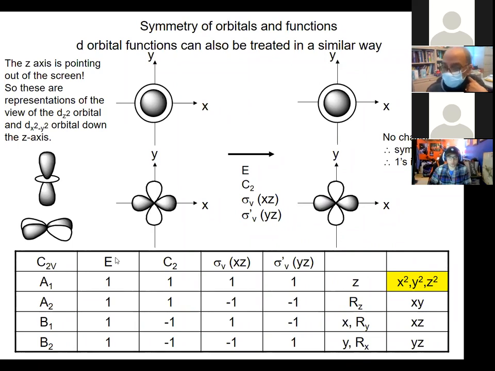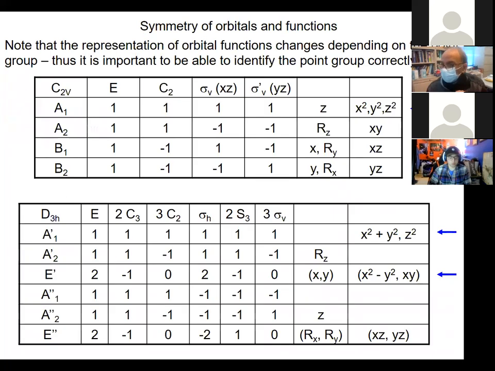Does that make sense? So we're going through each and every orbital and applying it to just one point group, that is C2V. But you should be able to do that for other point groups too, as long as you know what the character tables are. So we're going to go that route too.